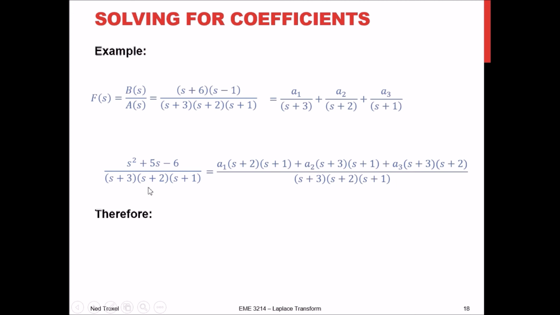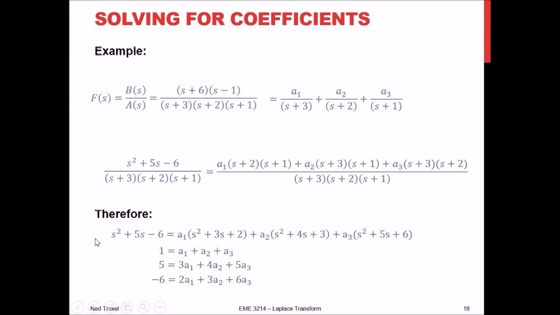So now you see that since the denominators are equal, the numerators must also be equal. So if the numerator here is equal to the numerator here, then I have this equation that I know is true. Okay, a1, a2, and a3 have to make this equation true. So if a1 times s squared, a2 times s squared, and a3 times s squared are on this side, they have to add up to 1.